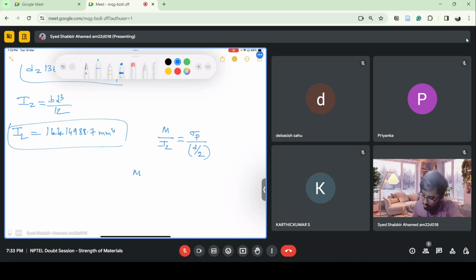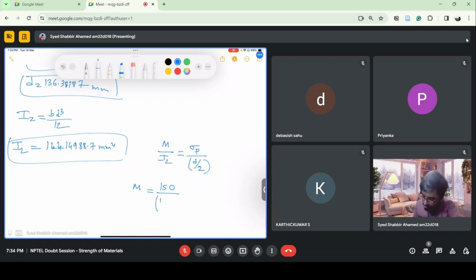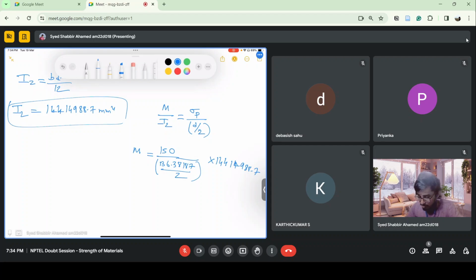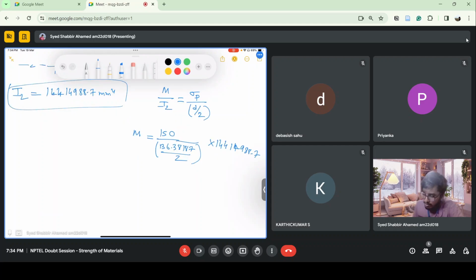Sigma is 150, so D is 136.38187 by 2, into this moment of inertia, 988.7, okay, into, you get 317.08735.27.